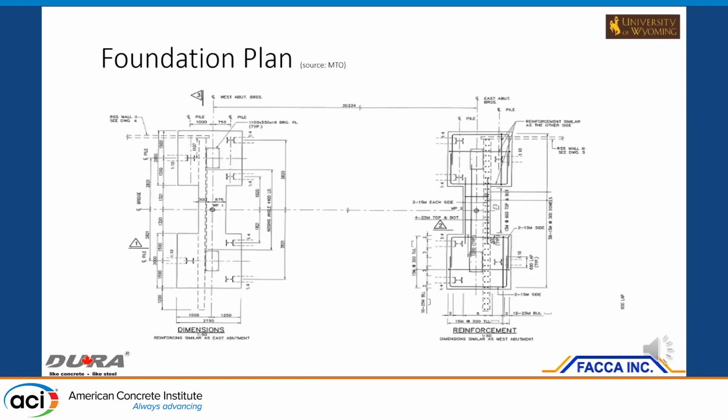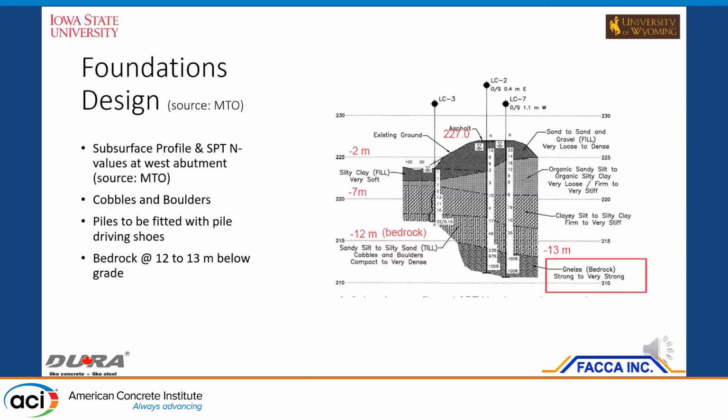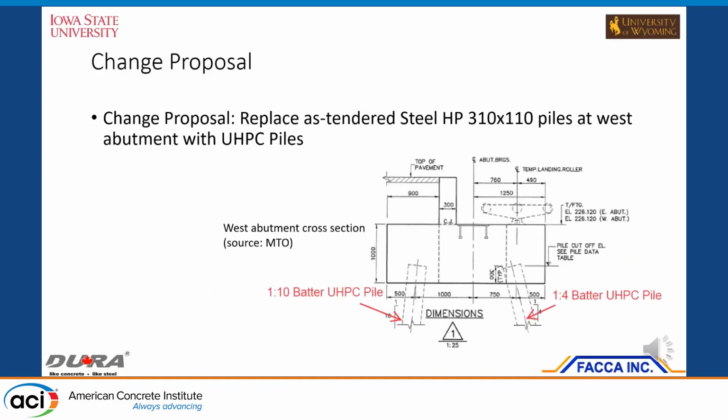So the foundation plan: you can see the detour bridge is supported on piles, six steel H-piles. Here we show the west abutment and east abutment. The change proposal is to replace the steel H-piles at the west abutment with UHPC piles.